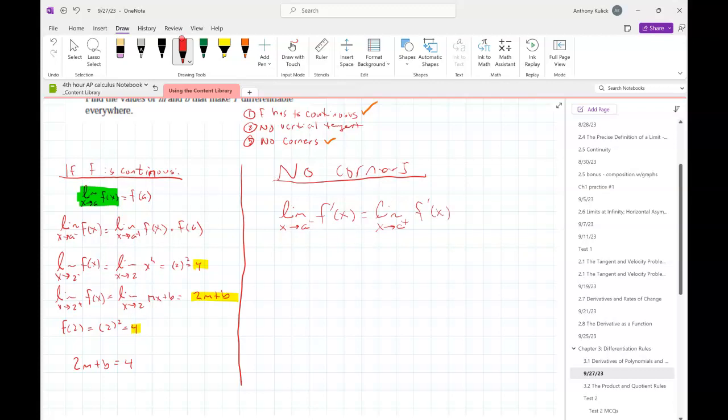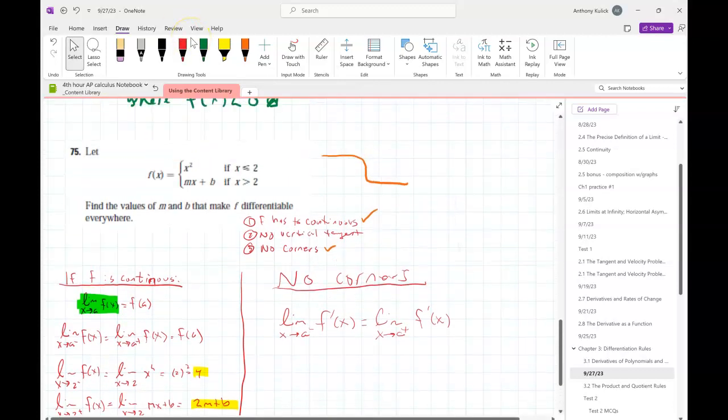The left-hand limit of the derivative has to equal the right-hand limit of the derivative at all values a. So basically, the derivative has to be continuous, right? Okay.